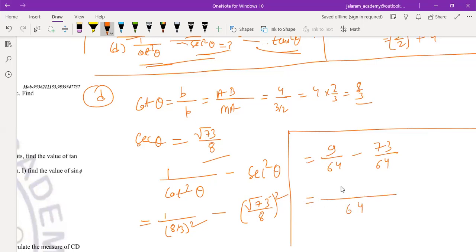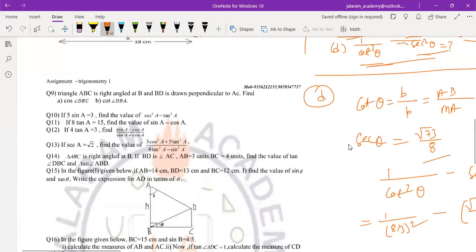LCM is 64. 9 minus 73, so it is minus 64 by 64, which is equal to minus 1. So the value of this part is minus 1.